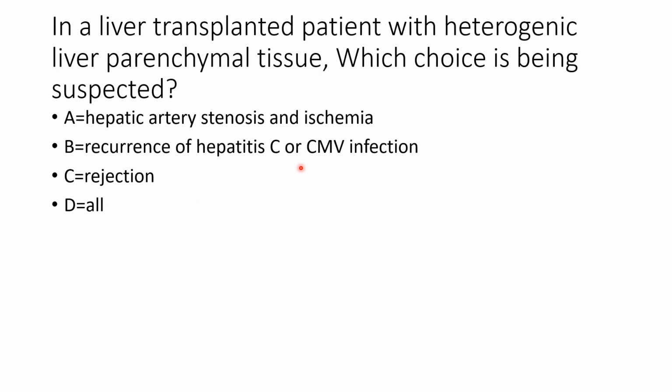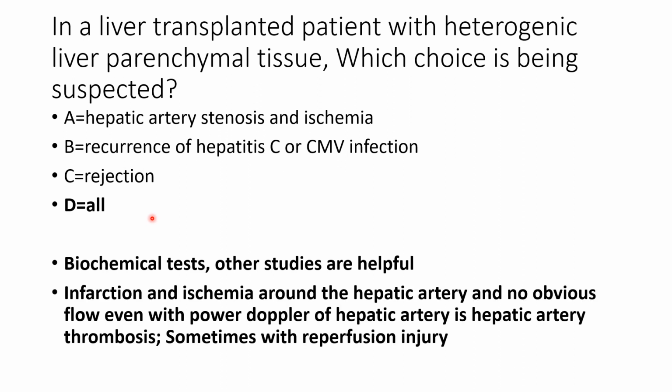If we see a heterogeneous liver parenchyma, which choice is suspected? Yes, it is hepatic artery stenosis or ischemia, recurrence of hepatitis C, CMV infection, or rejection.